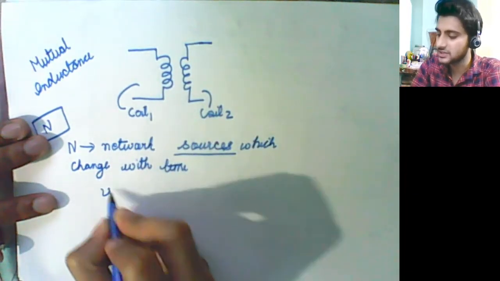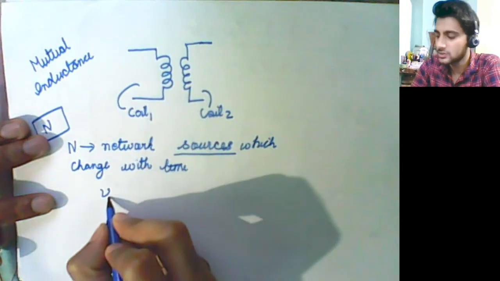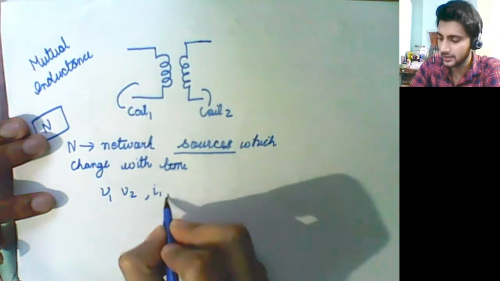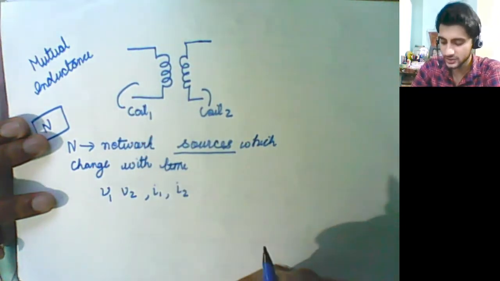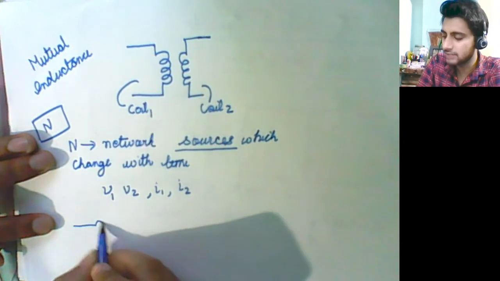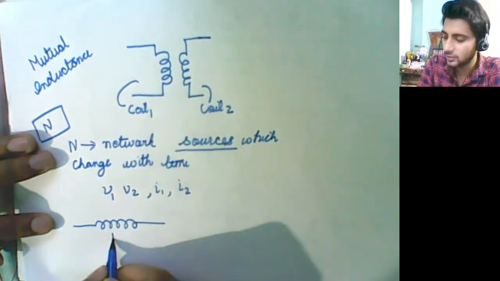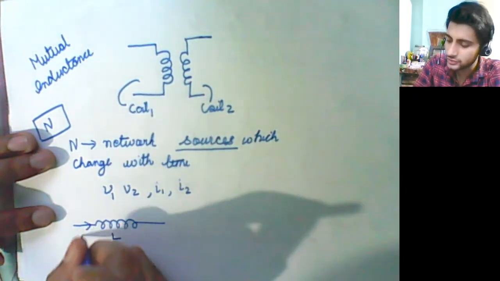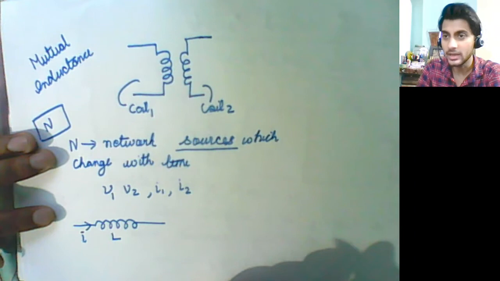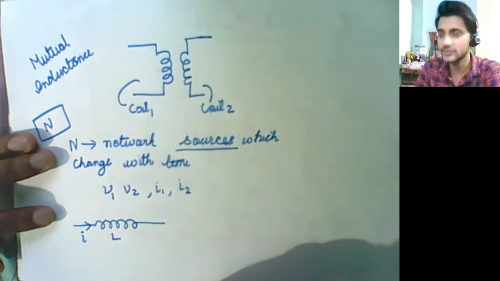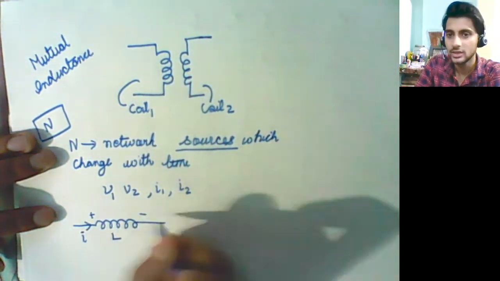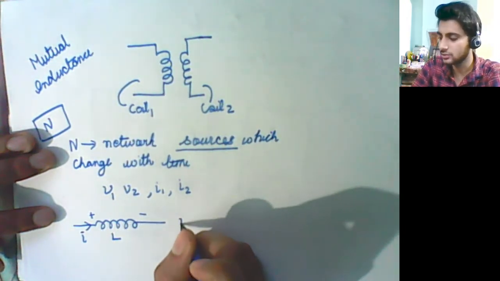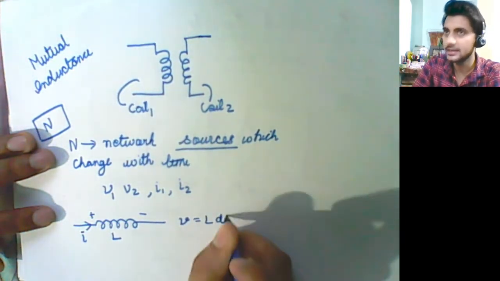For example, if we have two such coils, we have V1 and V2, which would be changing with time. You can also have I1 and I2, which would be changing with time. And you know that for a simple inductor having value L, with current I flowing through it, and that current is not constant but changes with time, then the voltage across it is V equals L di by dt.